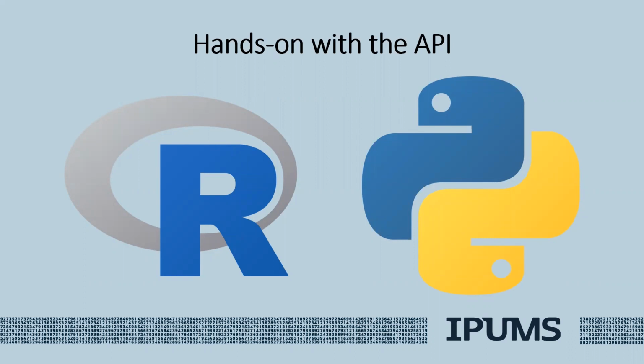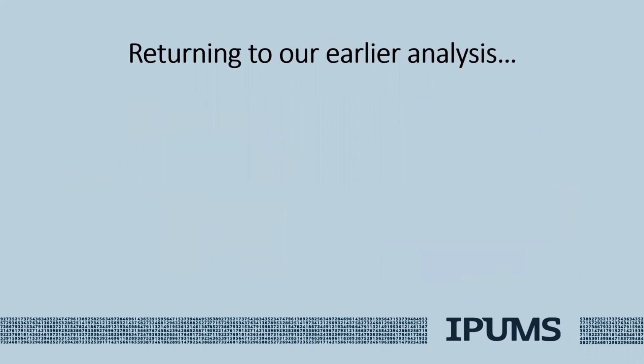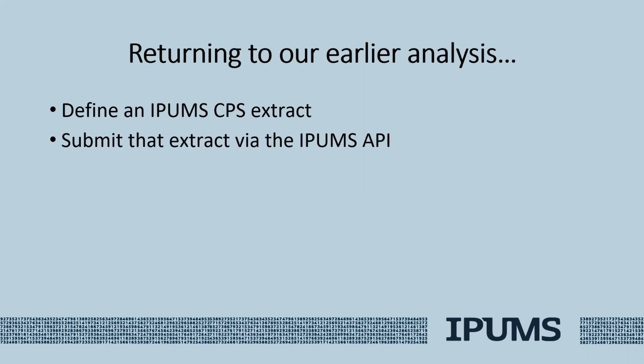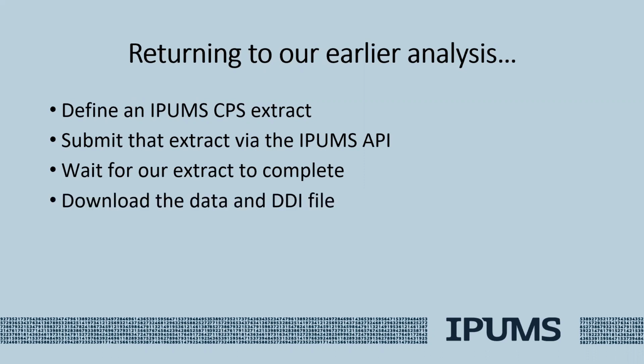I'll be using ipumspy when we return to our example, which is going to be now. So we're going to walk through how to use ipumspy to define our IPUMS extract, submit that extract via the API, wait for that extract to complete, download our data and DDI file, and read that data into pandas. And we're going to do all of that with code, no pointing and clicking.